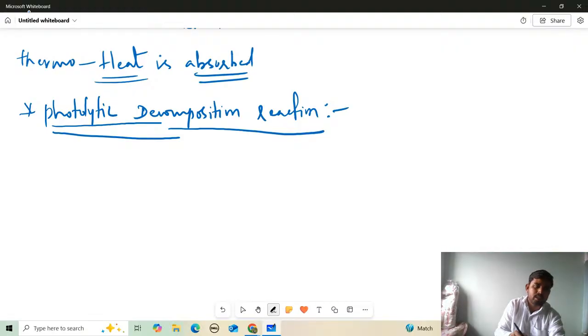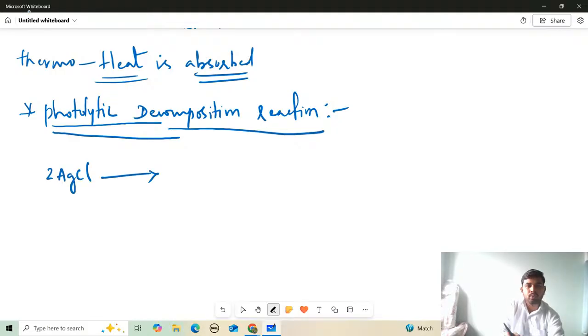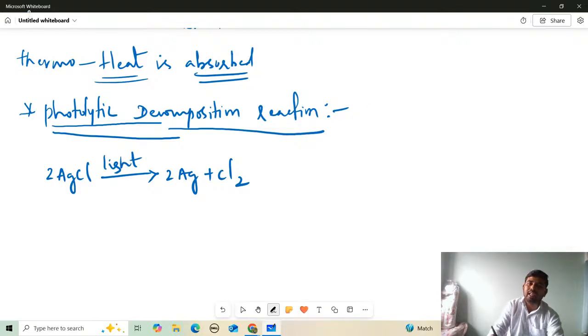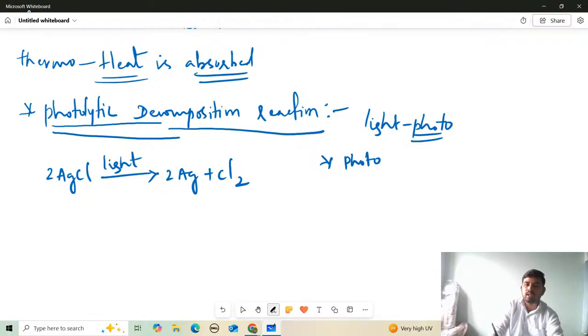Example: 2AgCl gives 2Ag plus Cl2. Photo means light, as in photochemical reactions. You know about photosynthesis, right? Photo means light energy.